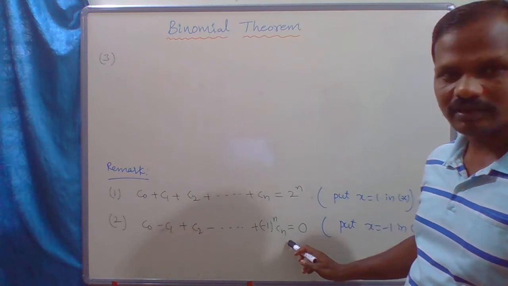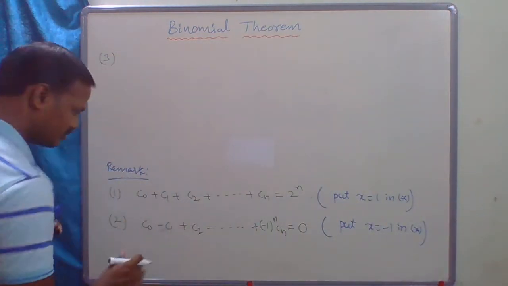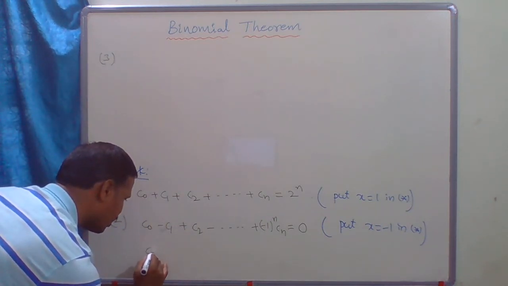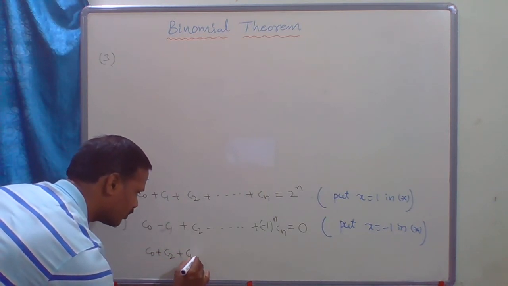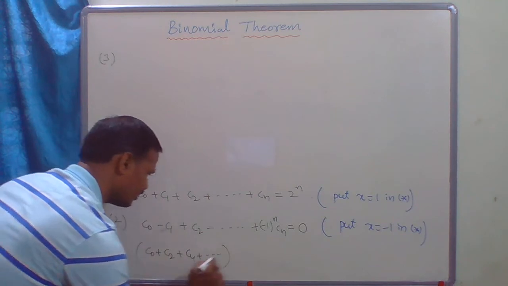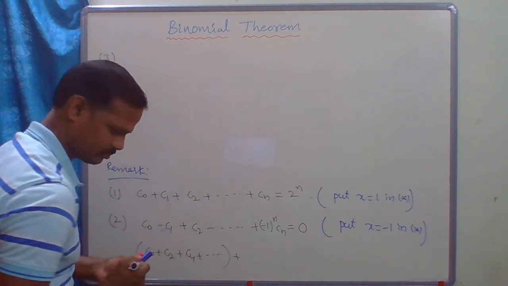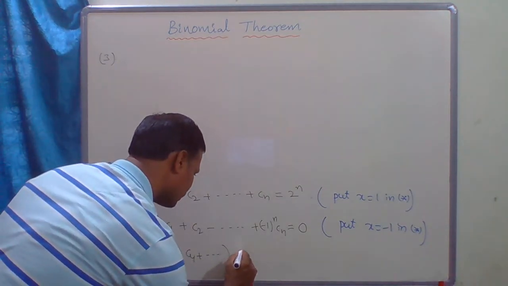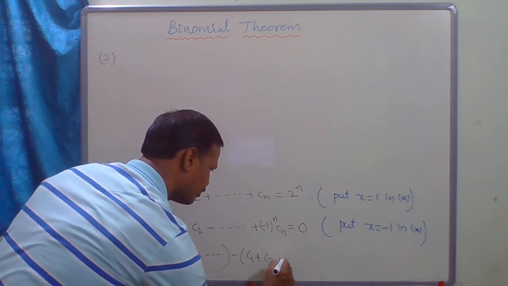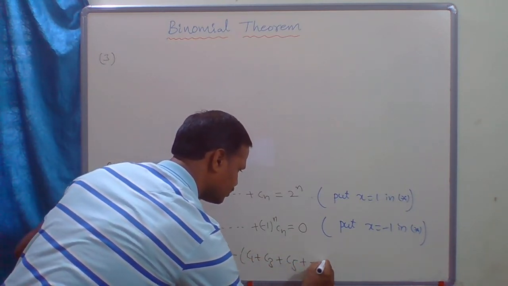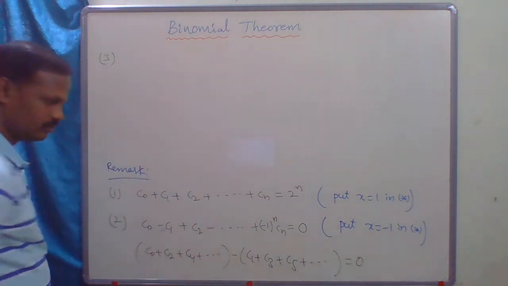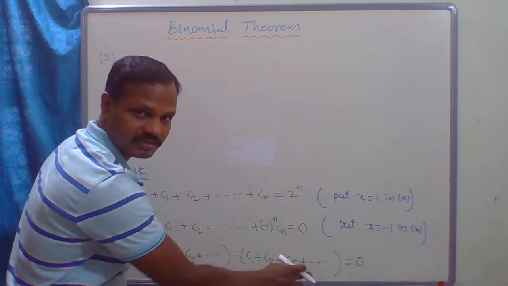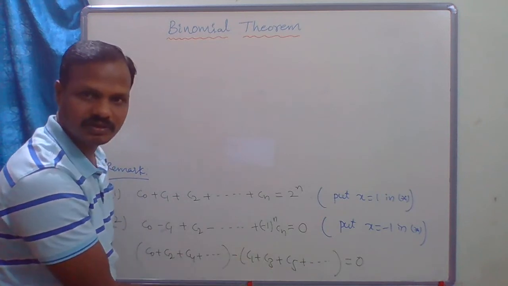From this, separate the odd terms and even terms: (C0 + C2 + C4 + ...) minus (C1 + C3 + C5 + ...) equals 0. Like x minus y equal to 0, a minus b equal to 0, that is a equal to b.